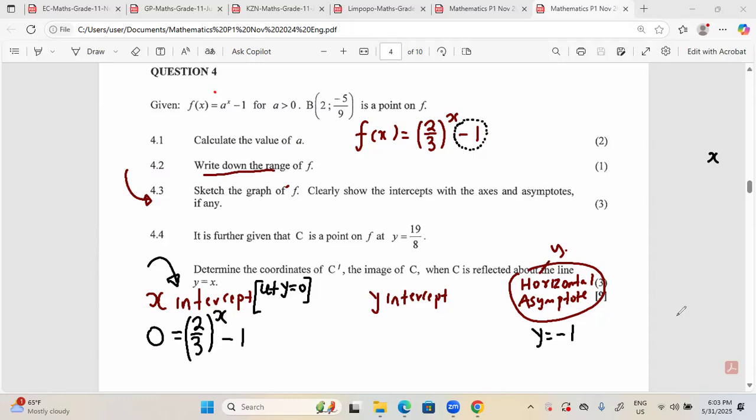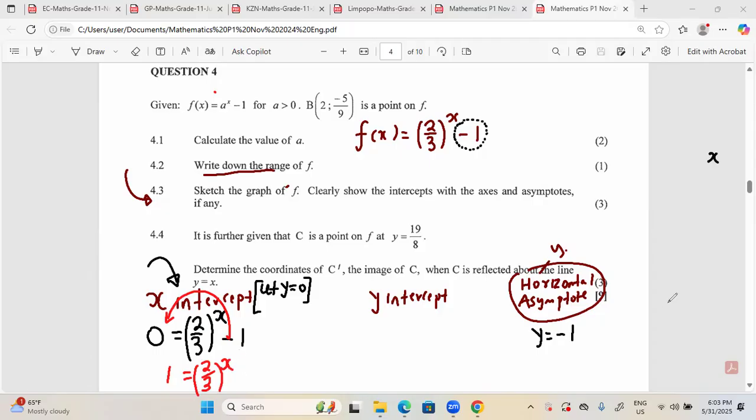Now you are solving for x. You are going to take minus 1 to the left-hand side. It becomes positive. So you have 1 equals 2 over 3 to the exponent x.